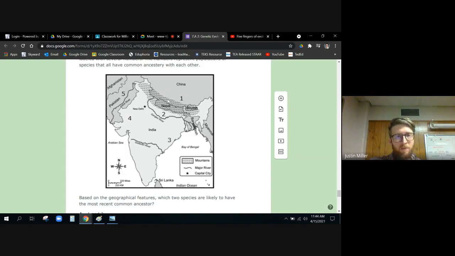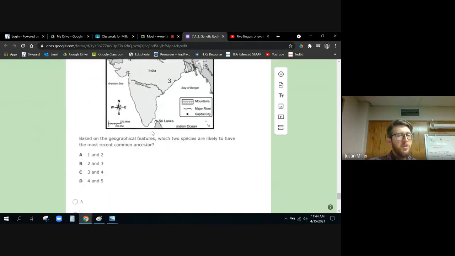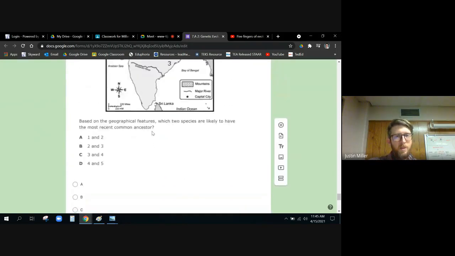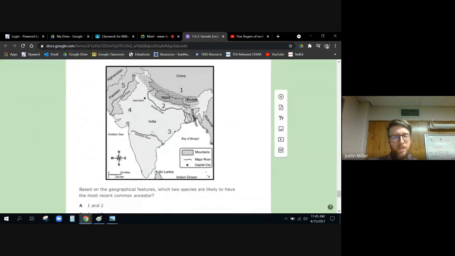That's mountains right there. So there's mountains between 1 and 2, so probably not them. 2 and 3, there's a giant river between them, so probably not them. 4 and 3, good. 4 and 3, yep, there's nothing in between them. There's no geographic boundary. So that is it. Just in time.